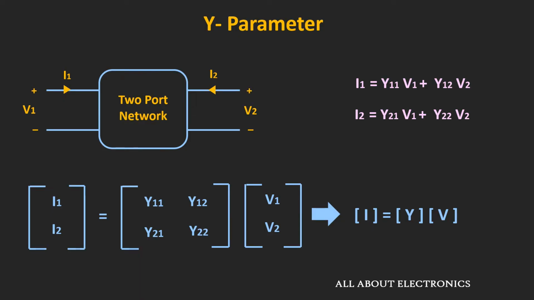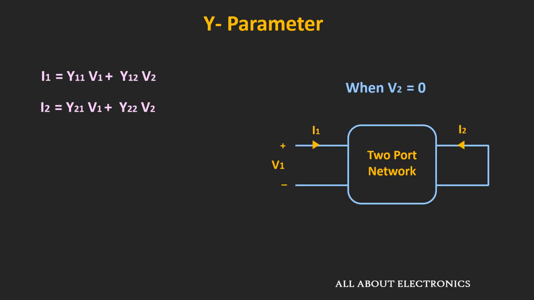So now let us see how we can find the individual Y parameters. So these individual Y parameters can be found by short circuiting any of the two ports. So first of all, let us make this V2 is equal to 0. That means this port 2 is short circuited.